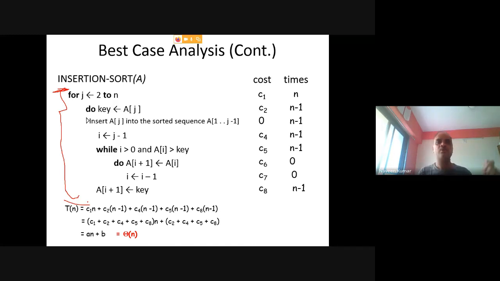Take another array which is sorted in decreasing order, with the same elements but in decreasing order. Take a third array and initialize it randomly using some random function, with any random arrangement of the same set of elements. For example, array A1, then array A2, then array A3.